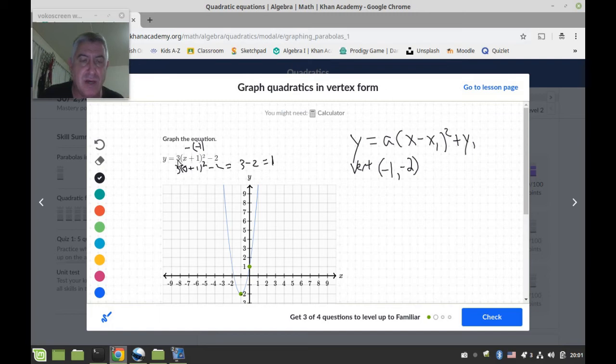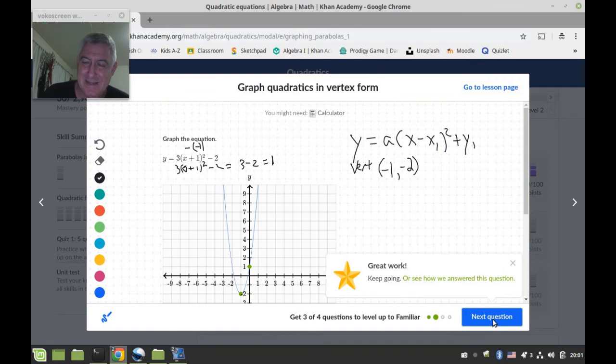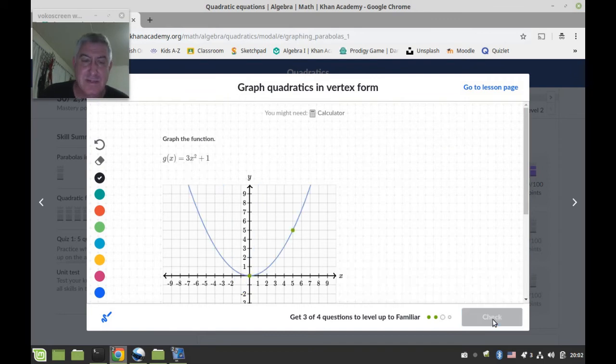The higher this number goes, the steeper it is. All right, we got 2 more here.